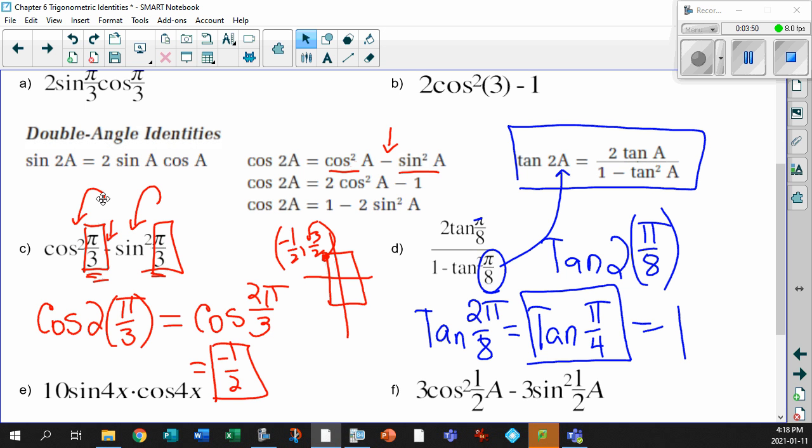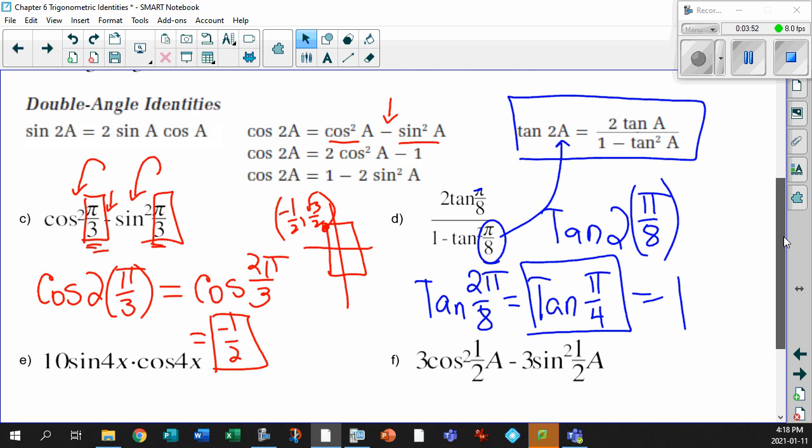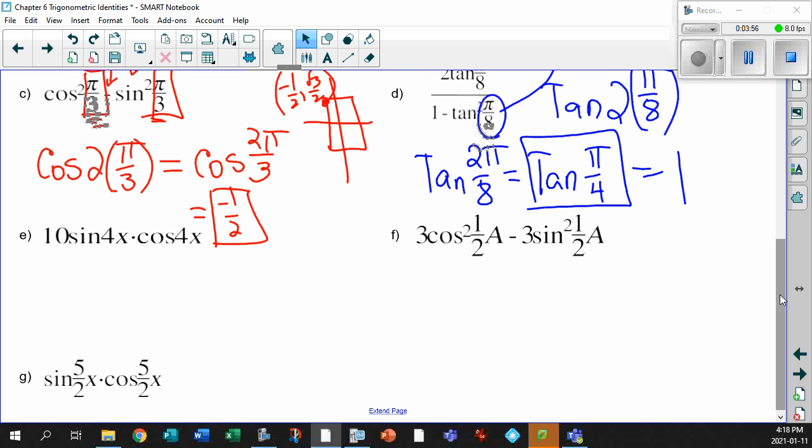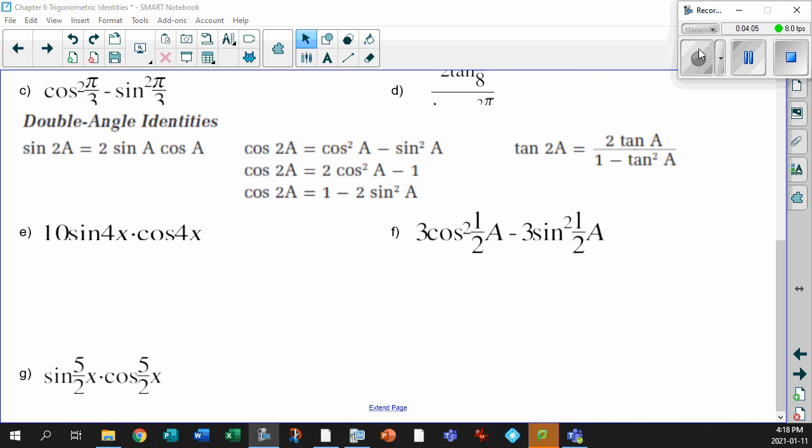Okay, so we're on a roll. Let's keep on going. Let's look how fast we can do these as long as we have those wonderful double angle identities right in front of us. Okay, so let's put it in front of us. There it is. Cool. Okay, so on we go to E then. Look at this one.